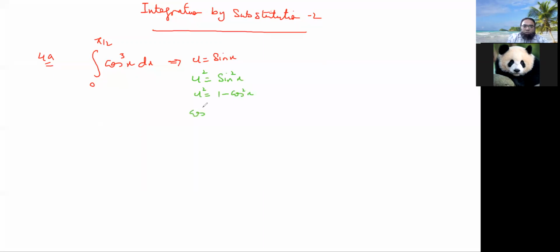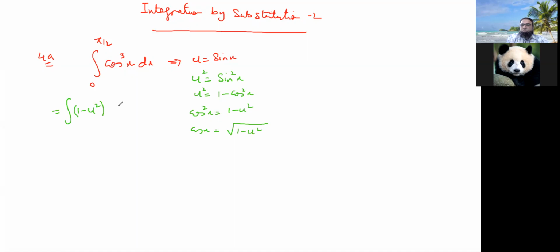Then I should be allowed to say that cos square x is 1 minus u square, and then cos x is the square root of 1 minus u square. You must know this. So this is going to become 1 minus u square, and then what is going to be the power on it when there is cos cube?